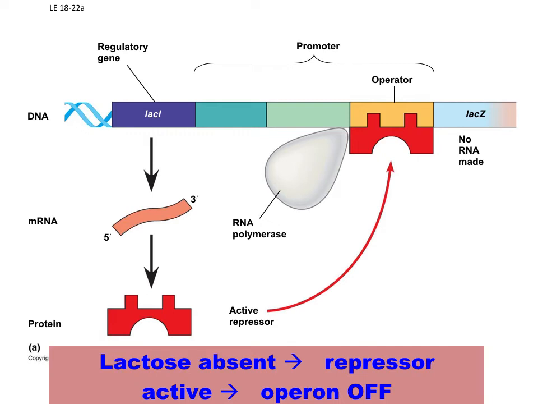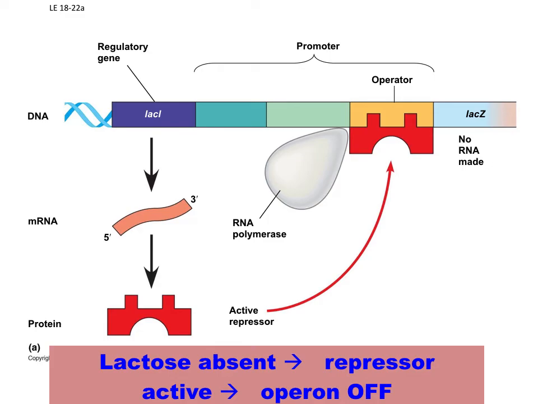In the trp operon, the regulatory gene coded for an inactive version of the repressor, and it only got the active shape when it bound to the regulatory metabolite. But here, all by itself, the repressor protein has the active shape.